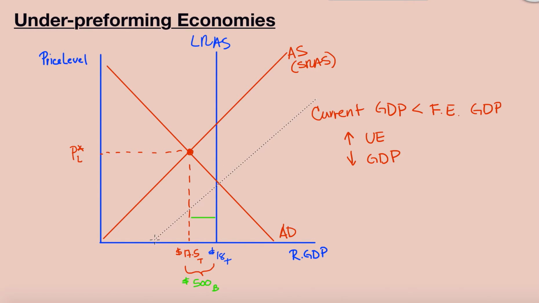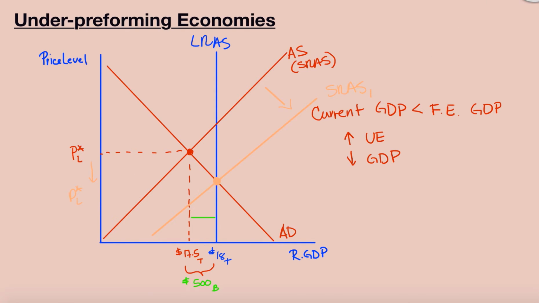So if we went to short-run aggregate supply curve 1, that would increase our output and at the same time lower our price level.